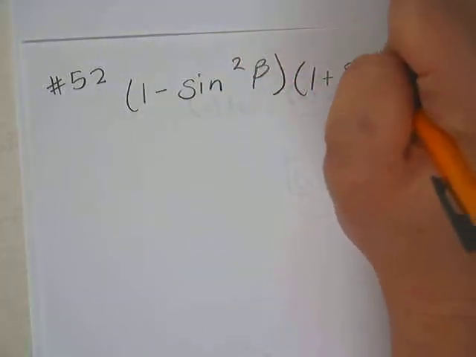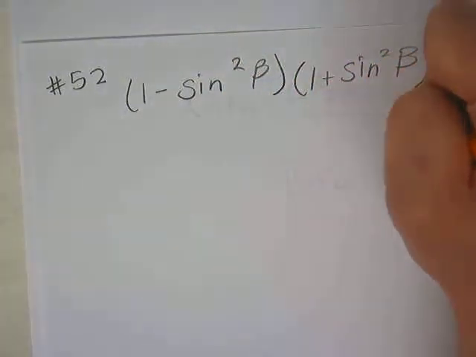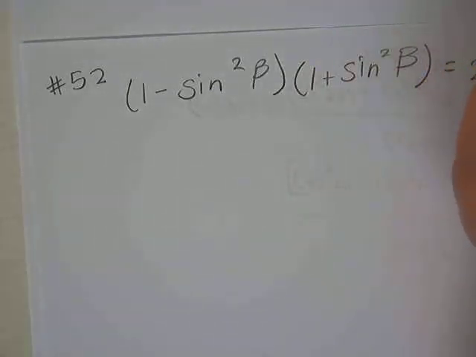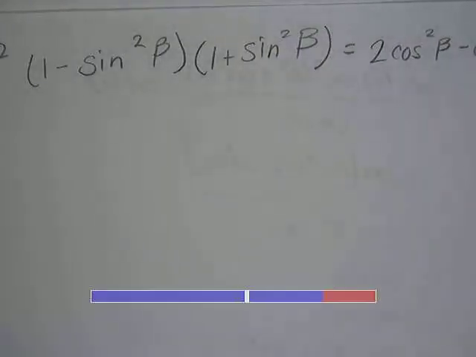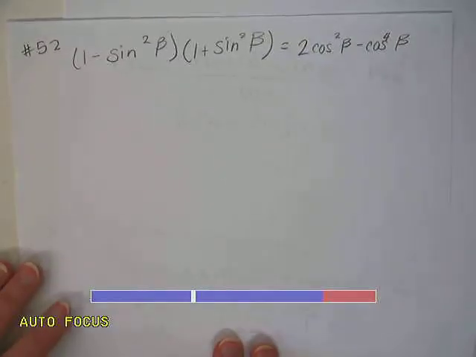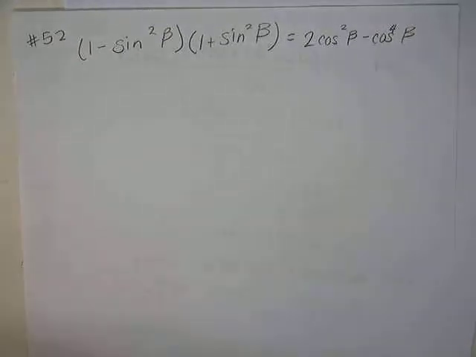One minus sine squared beta, 1 plus sine squared beta equals 2 cosine squared beta minus cosine to the 4th power beta. Okay.